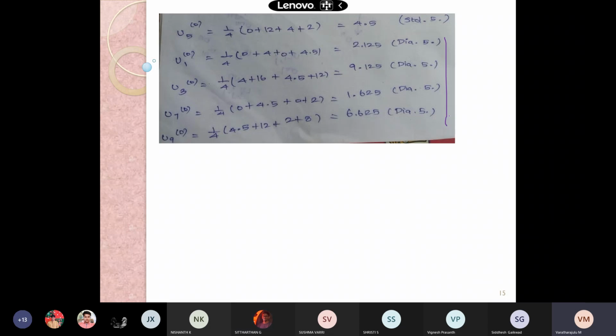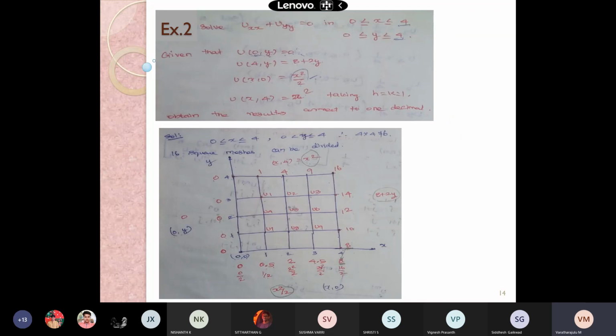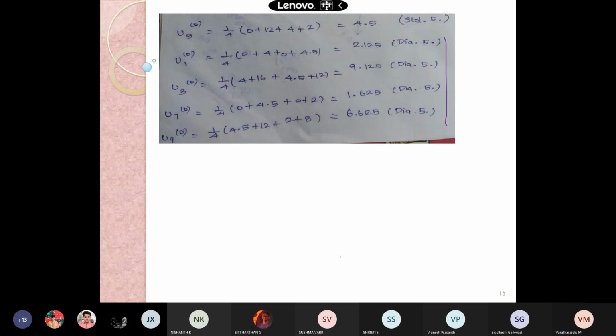That is 4.5, 12, 2, 8. See, for U9, U5 is calculated as 4.5, and the others are 4.5, 12, and 8. So it is right: 4.5, 12, 2 and 8.